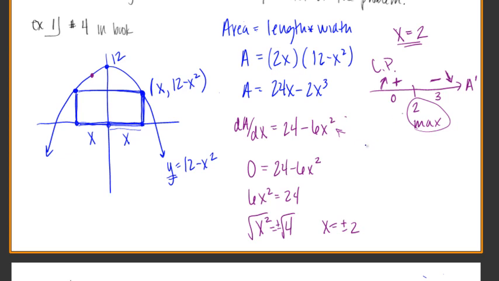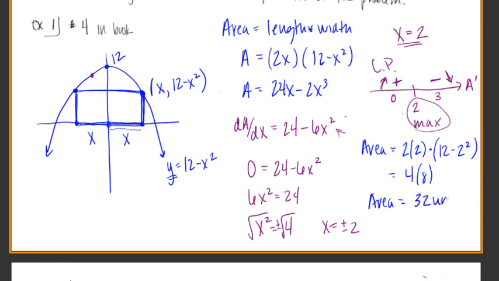Now to fully come back and answer the question, which asks what is the largest area. The area is the whole length, so it's 2 times the x value, times the height, which is 12 minus 2 squared. So 4 times 12 minus 4, which is 8. So the area is equal to 32 square units.